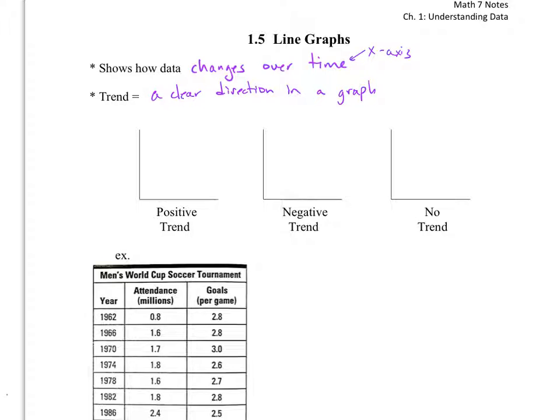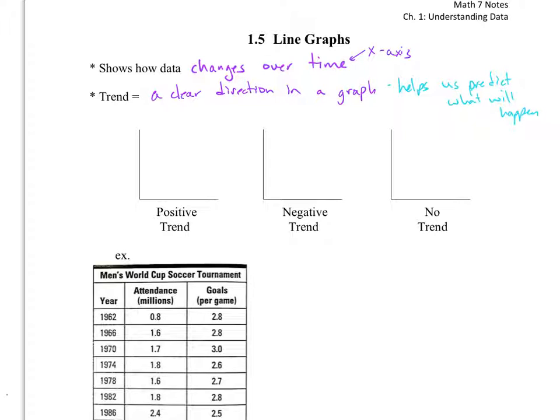And why is it important to notice a trend in something? Well, it's because it helps us predict what will happen. So we have three types of trends that you're going to be using. Positive trend, negative trend, and no trend.